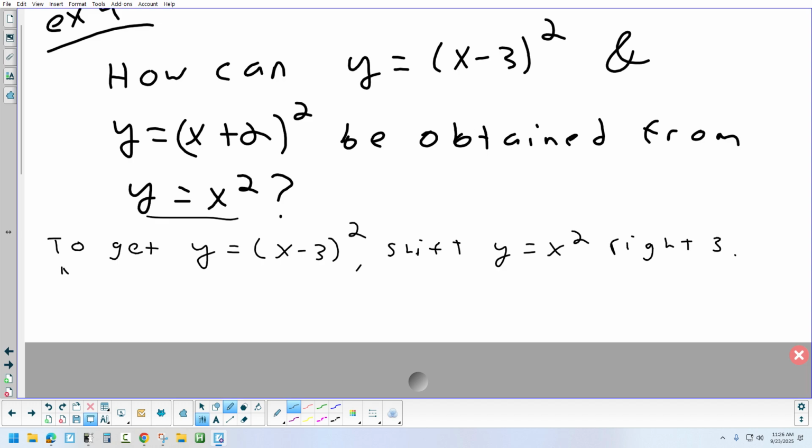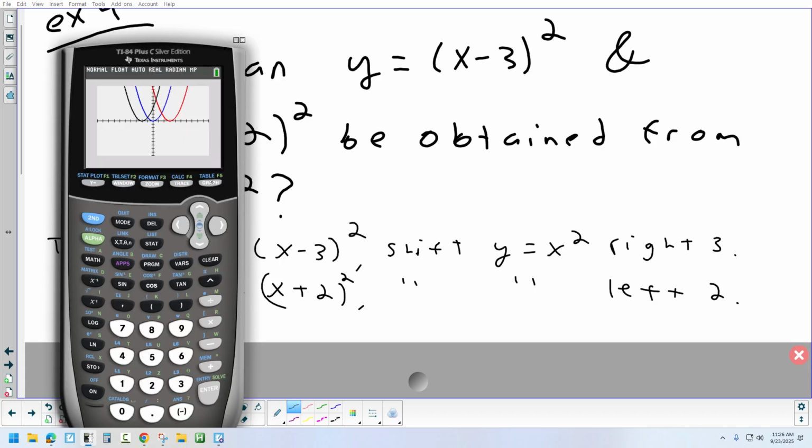And then to get the other one, y equals x plus 2 squared, you would shift the original left 2. Okay, so this is another rigid motion transformation. It's not stretching it. It's not distorting it. It's just taking your picture and translating it somewhere else.